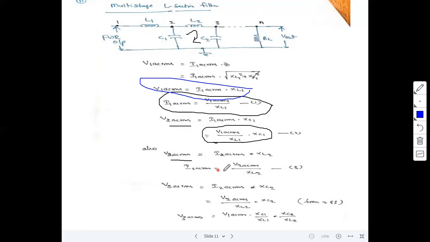Now I2 AC RMS is equal to V2 AC RMS by XL2. V2 AC RMS, which we already wrote here, into XC2.